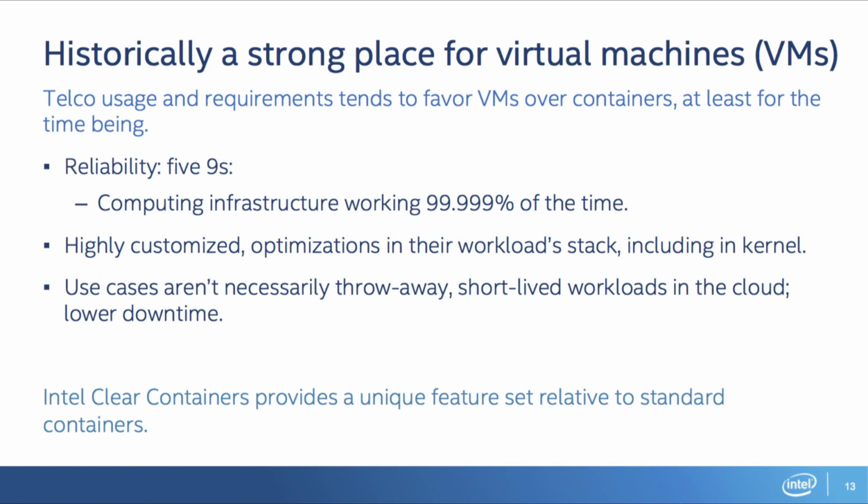Now this is where clear containers is interesting, because since clear containers runs the container inside a VM, we can use all of the feature sets that virtual machines provide, like vhost, SR-IOV, and DPDK in order to implement virtual network functions.